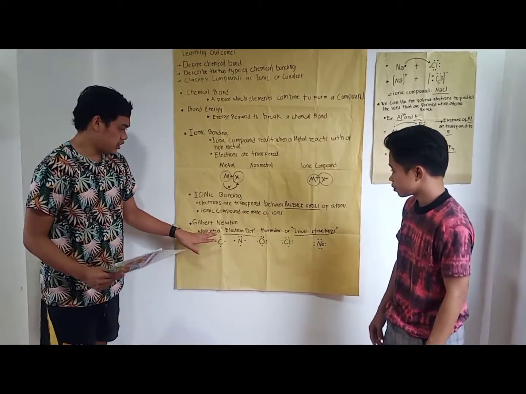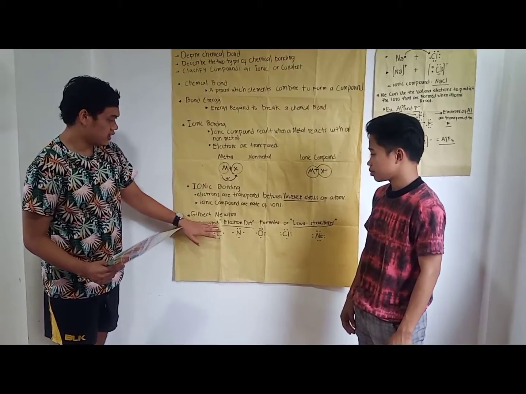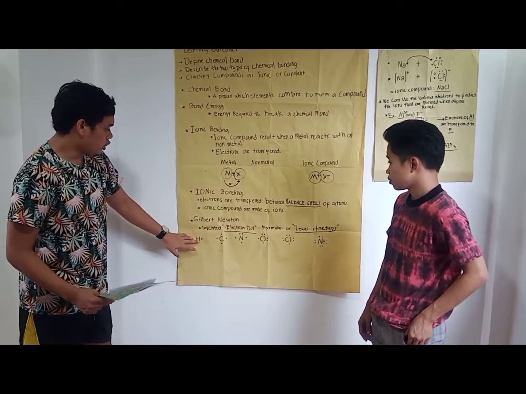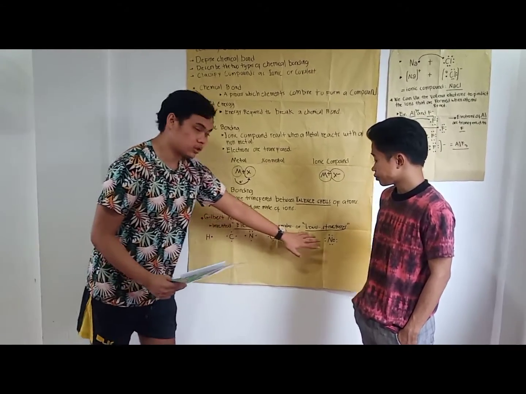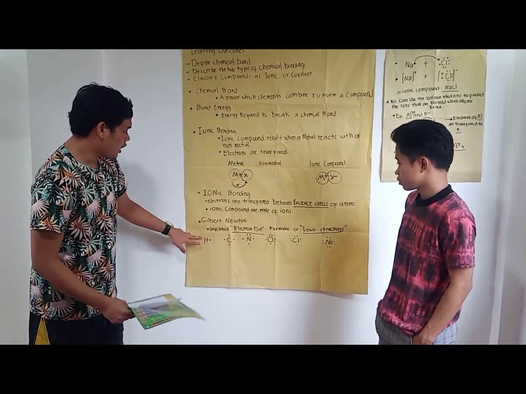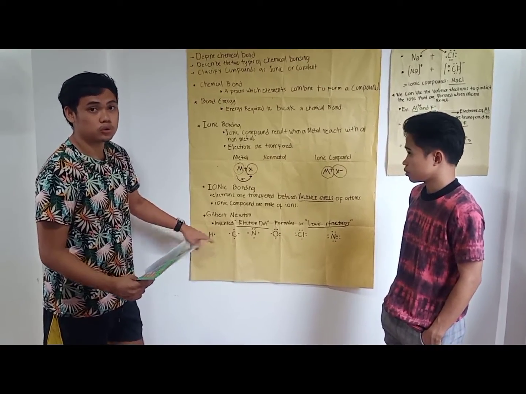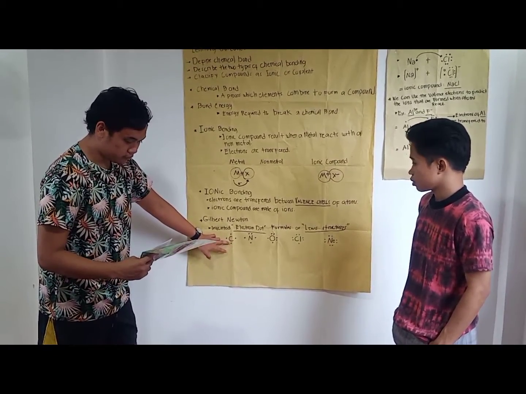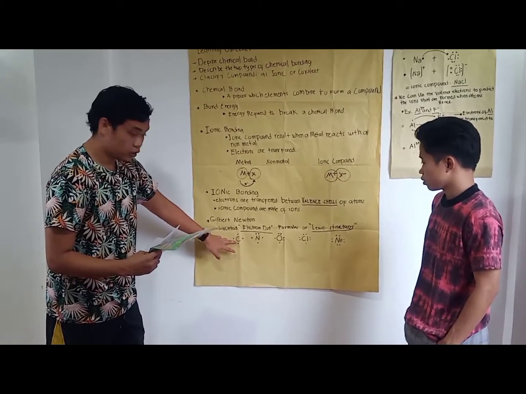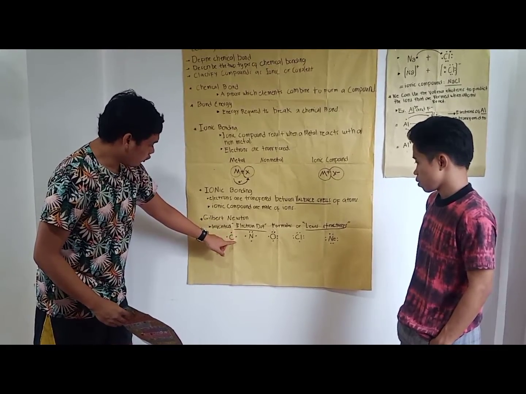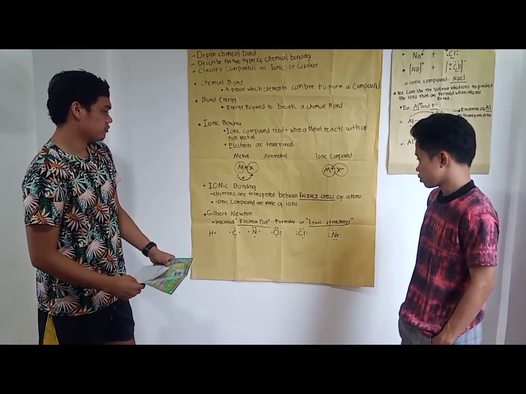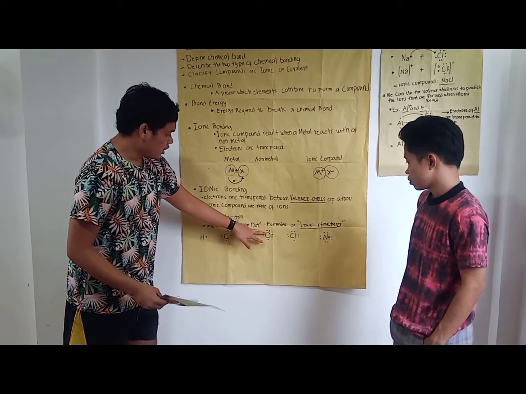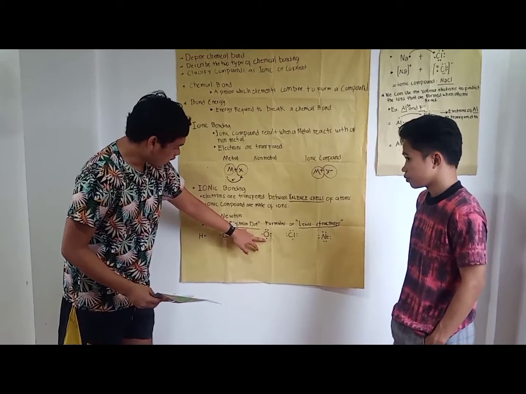With them we can know which group these elements belong to, and how many dots they have. For example, hydrogen belongs to group 1, so it has only one dot, and carbon belongs to group 4, so it has 4 dots. Oxygen belongs to group 6, so it has 6 dots.